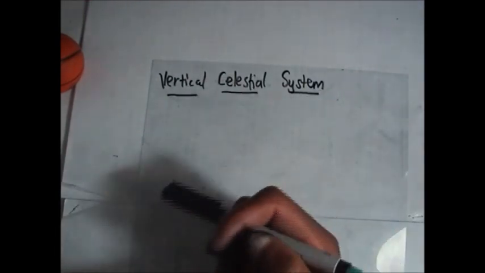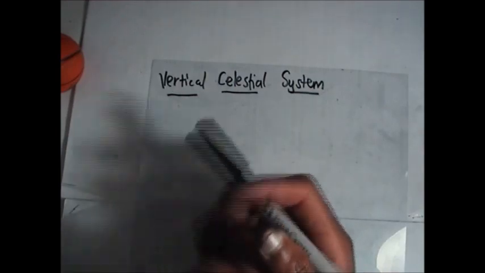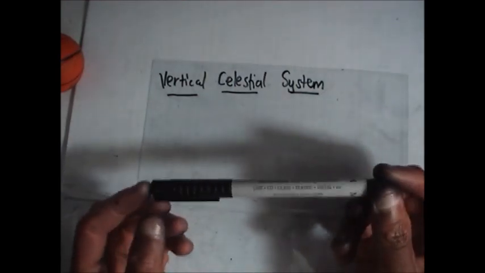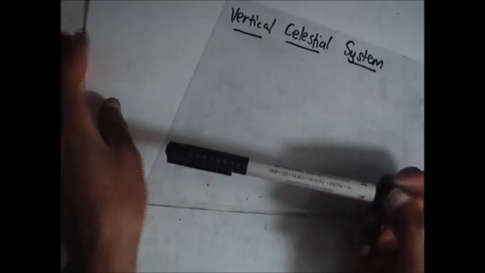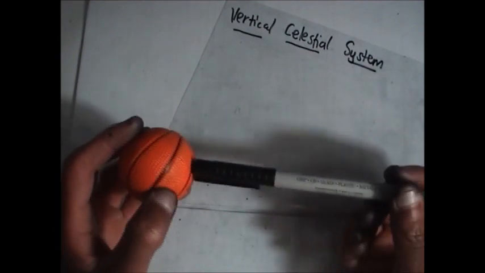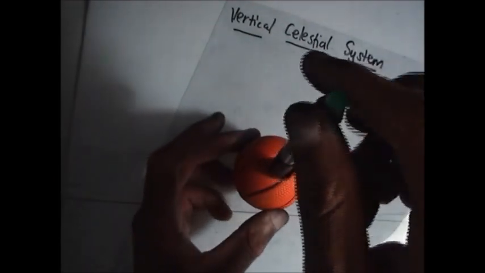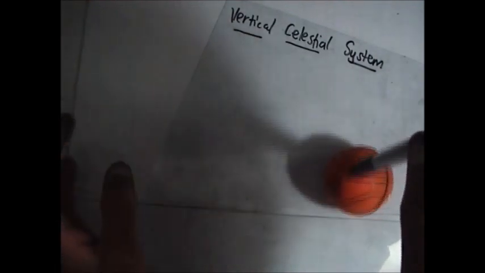The vertical system, basically what this is, imagine this is a string, and then you tie a weight or a stone to the end of this string, and then you just let the stone go. This string will move about like this, but then it will rest. It will rest in a vertical position.